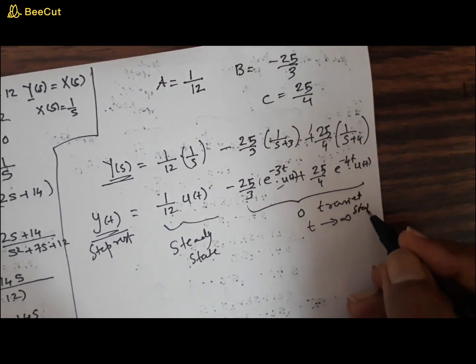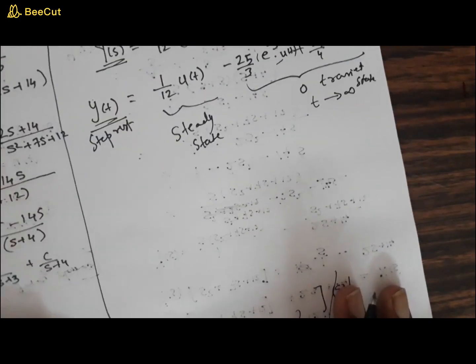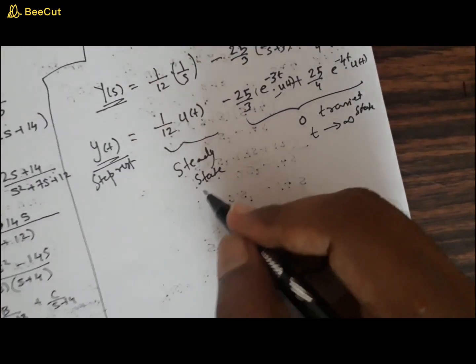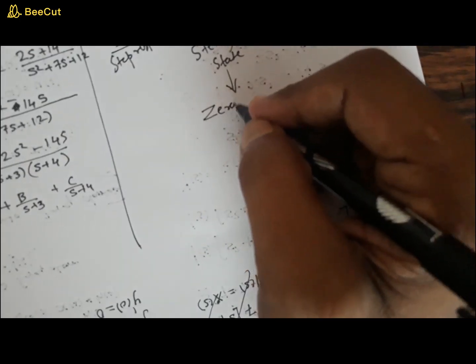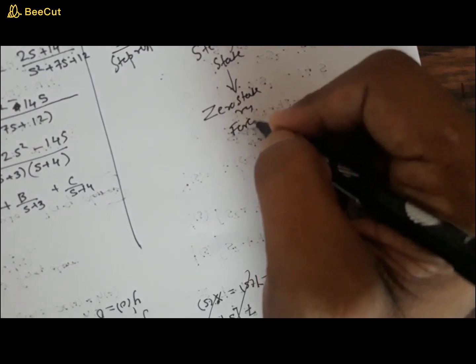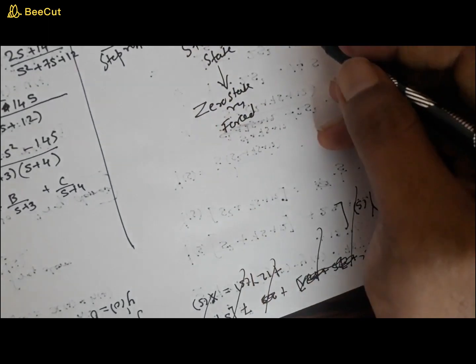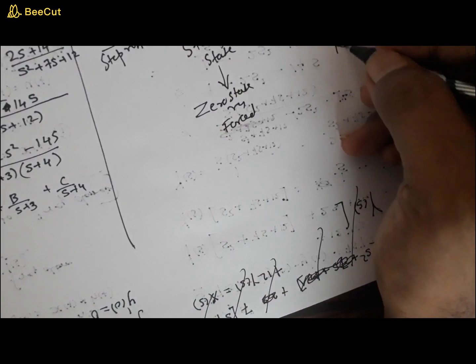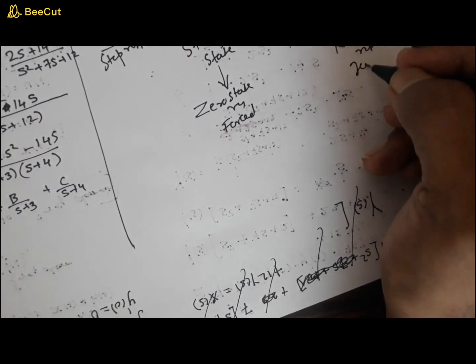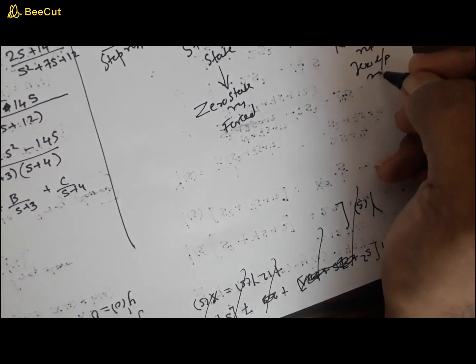This is what we studied in network, in RC circuits, RL circuits, RLC circuits, etc. Or in other words, you can say that this is the zero state response or the forced response, and this must be your natural response or zero input response.